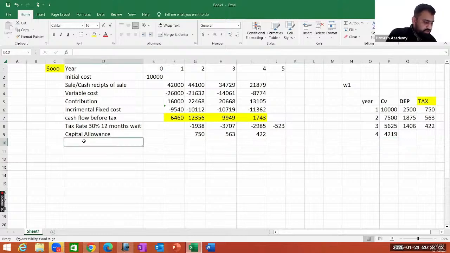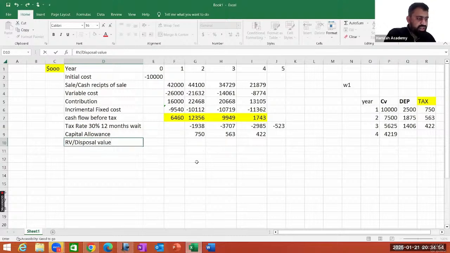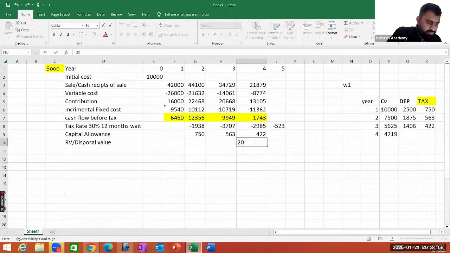Now, in year four, before you take the depreciation, just remember, you will be given the residual value of the project, or you can say disposal value of the project. And let's say that disposal value is 2,000. You will take the 2,000 here, that is the disposal value.